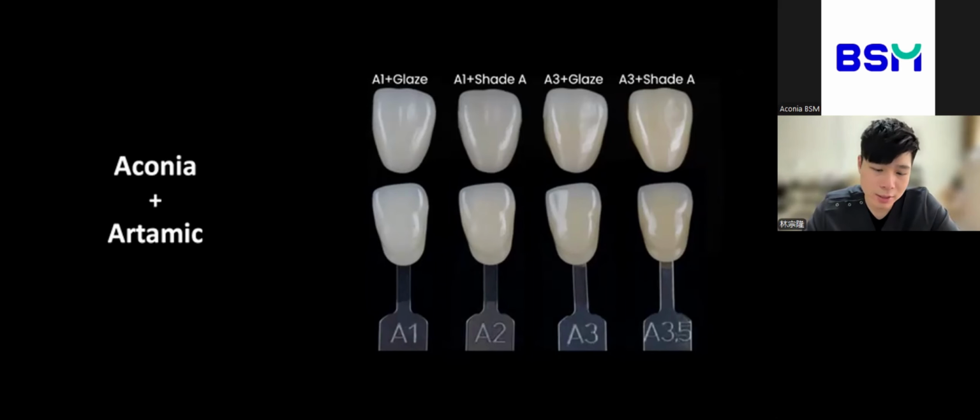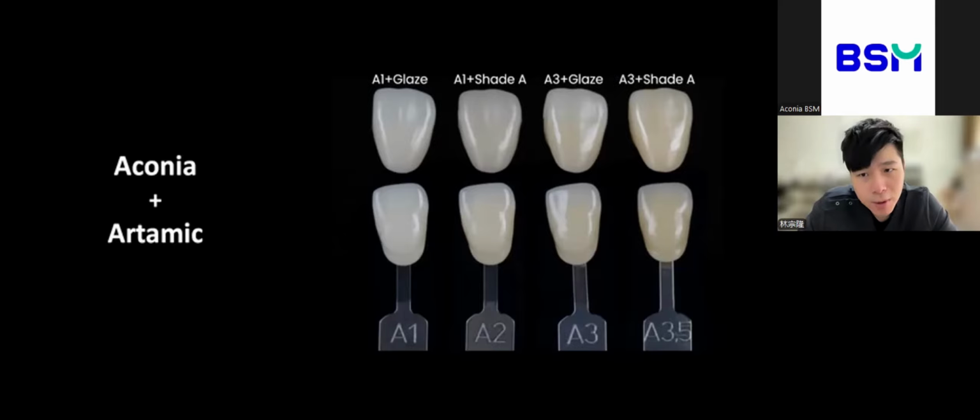If it's just a simple color case like A2 or A3 with no special characterization, honestly, just glaze is enough. So this is also why high translucency zirconia is being used more and more nowadays, especially for a large dental lab. Higher efficiency in the same amount of time means higher profit and even getting the work done earlier, and that allows us to spend more time on cases that really need special handling.